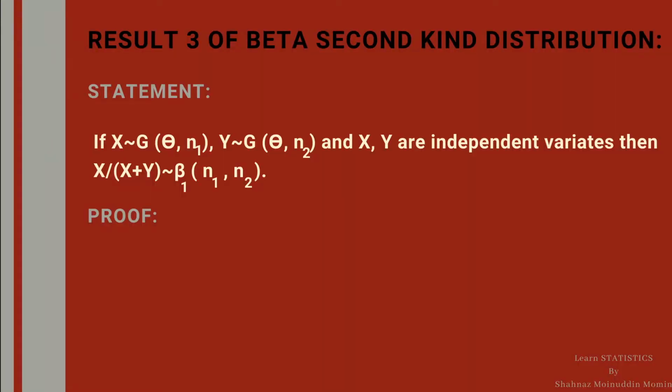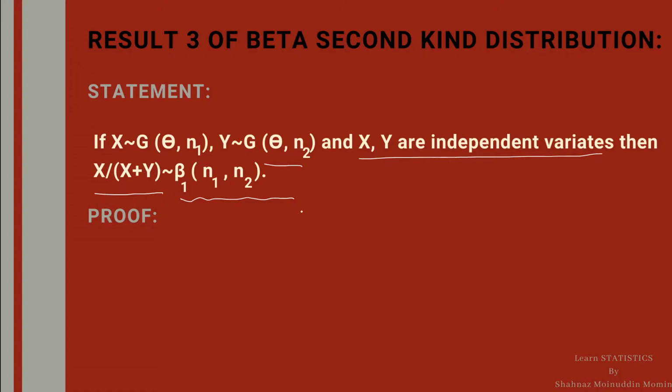Now we shall start with the statement of the result. If X follows gamma(theta, n1) and Y is another gamma variate with parameters theta, n2, and further X and Y are independent variates, then the distribution of X divided by X plus Y is beta first kind with parameters n1 and n2.